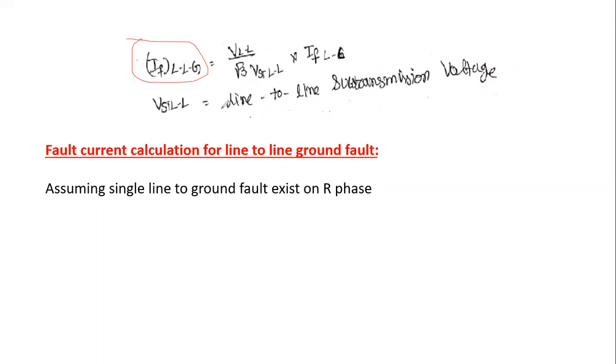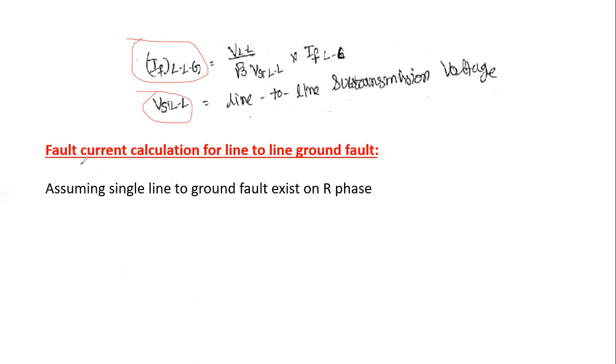Here VSLL is the line to line subtransient voltage. This is the calculation for the fault current for line to ground faults.